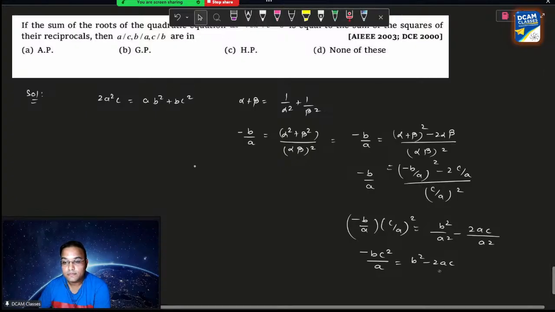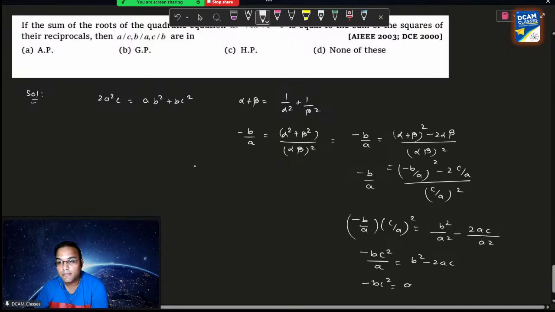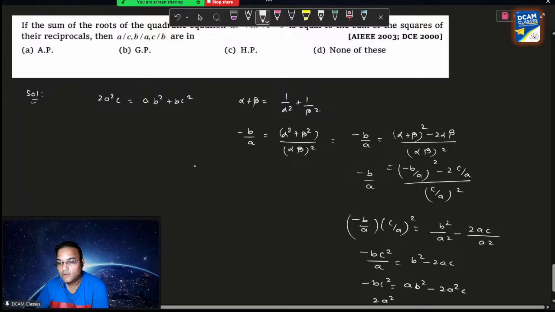Now, why am I not getting it? Let me see, wait. The condition we are getting is 2a square c is equal to ab square plus bc square.